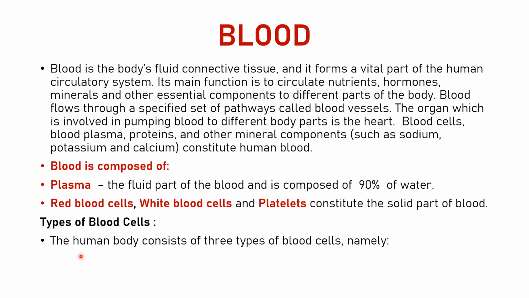And then there is the solid constituent, the solid part of blood, which is nothing but blood corpuscles. More specifically, red blood corpuscles, also known as erythrocytes, white blood corpuscles, also known as leukocytes, and platelets, right?